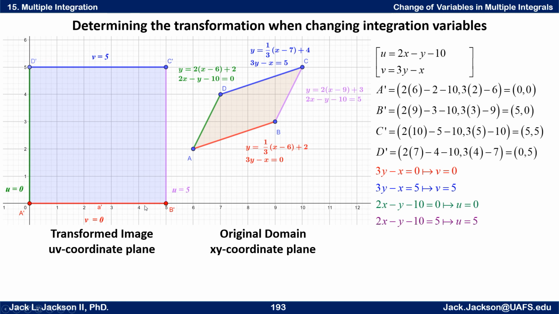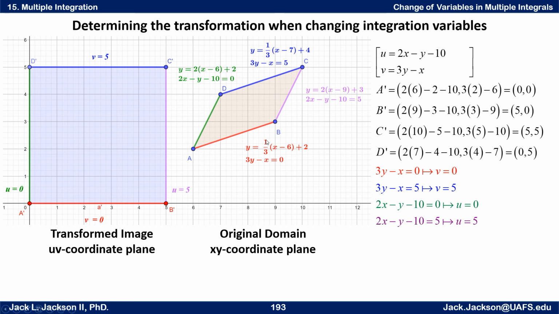Now remember, the horizontal axis is the U-axis down here, so it's going to have a coordinate or equation V equals 0. So I want this red part to be mapped to V equals 0. Similarly, I want the green part to be mapped to this vertical line here at U equals 0, which is on the V-axis.